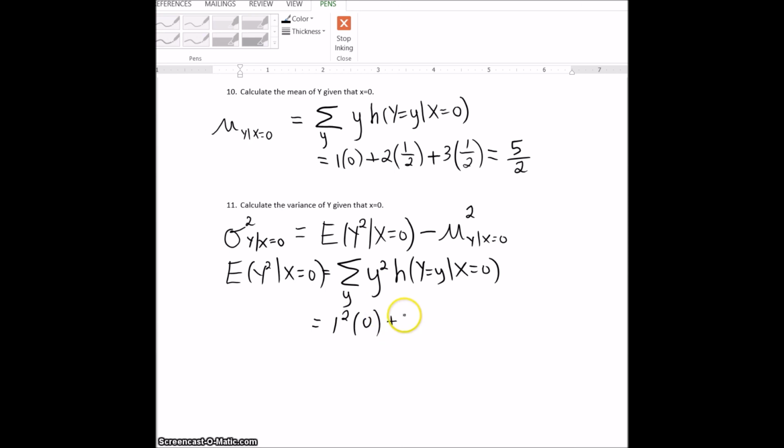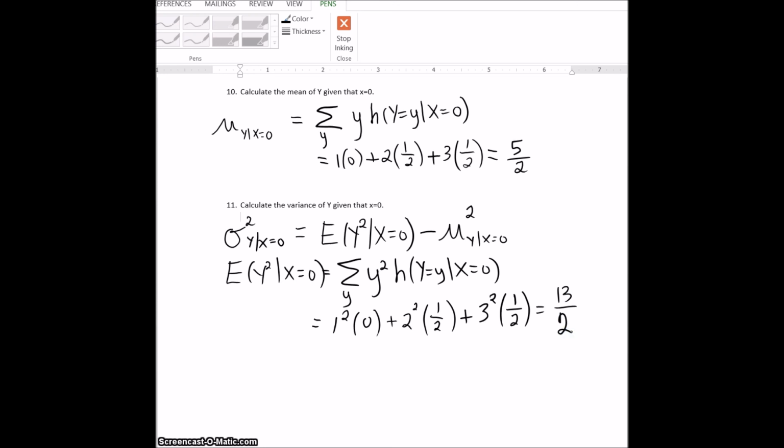And y could equal 2, we'll take 2 squared times the probability that y equals 2 given that x is equal to 0, which is 1/2, plus y could equal 3, so 3 squared times the probability that y is equal to 3 given that x is equal to 0. And this gives me the expected value of y squared conditional on x being equal to 0 is equal to 13/2.